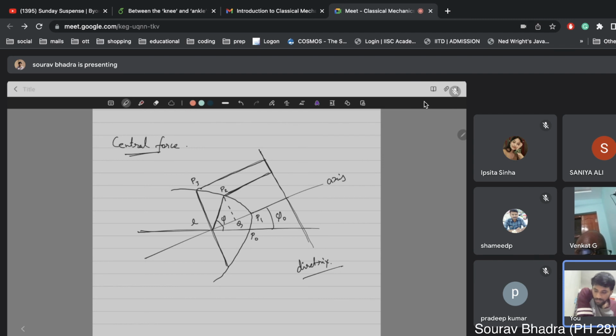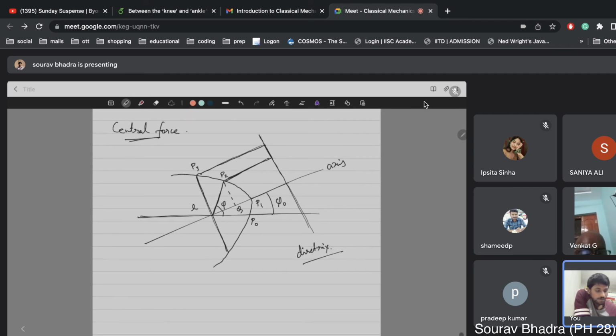Now there is something called eccentricity epsilon, which is a parameter of a particular conic section, and that is defined like this. So this is A3, A2 and A1, and it is the focus S. So SP2 by P2A2. So what is that SP2?